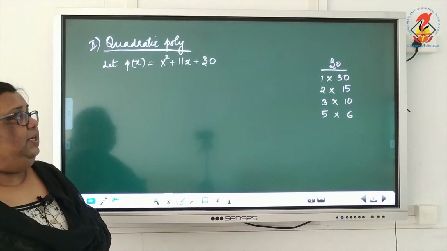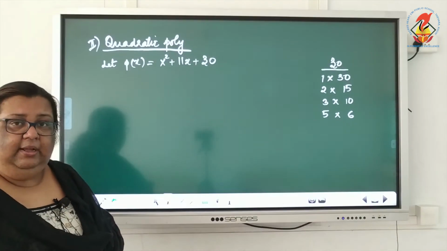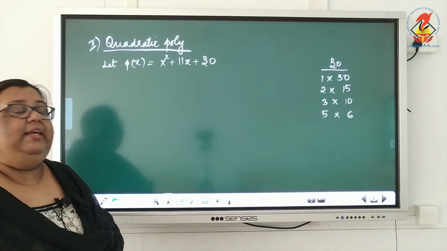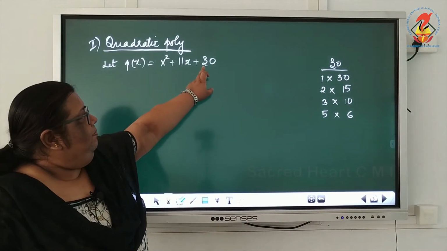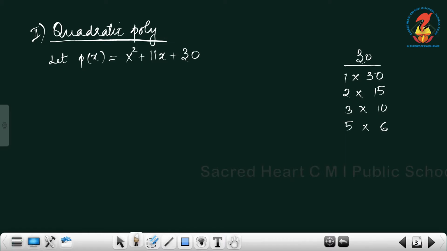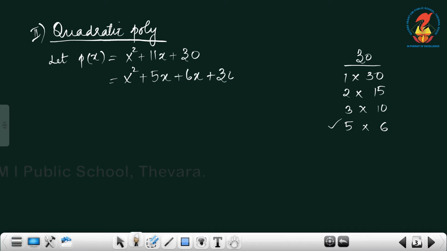Now, from this I should find one pair whose sum gives 11 and whose product is 30. Which will be that pair? It will be 5 and 6. So, this I can split and write as x square plus 5x plus 6x plus 30.